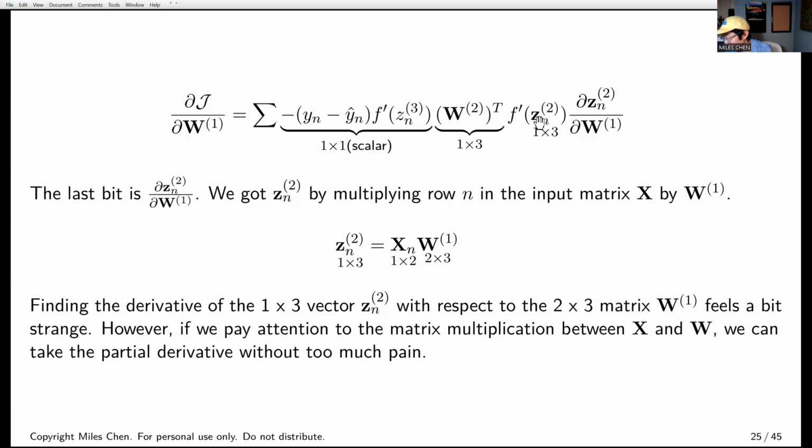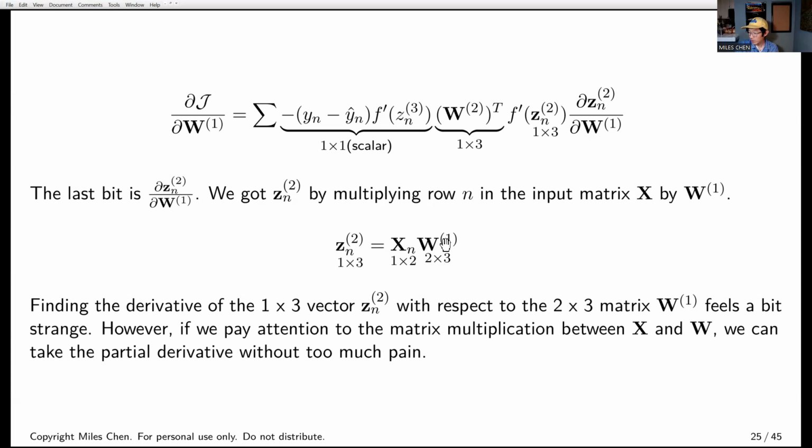All right, the last part is how does Z, the nth row in Z, change with respect to our W1 matrix? This part is probably the weirdest thing going on here. The nth row in our Z matrix is one row, 3 columns, so it's a 1 by 3.